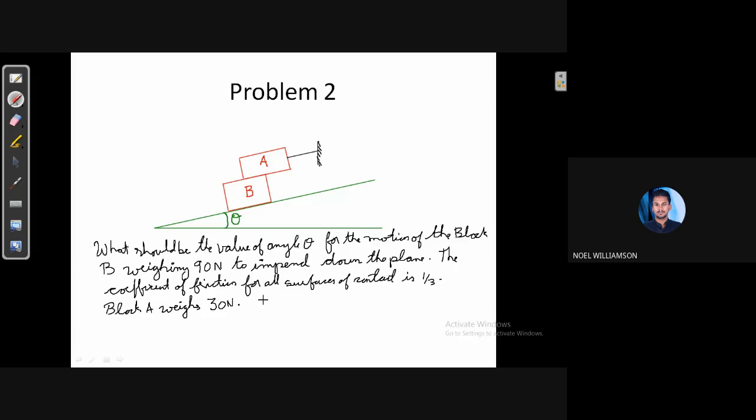The block A is held in position as shown in the figure. Okay, and draw this figure.